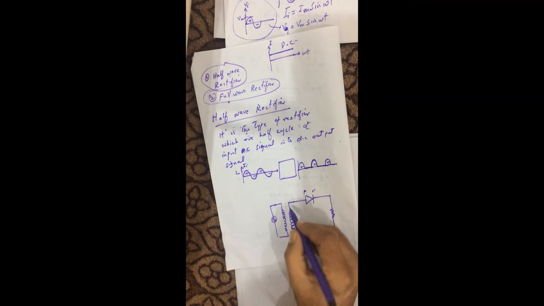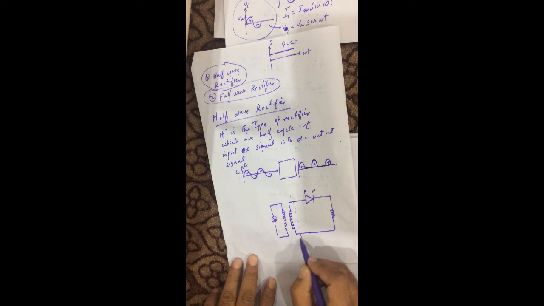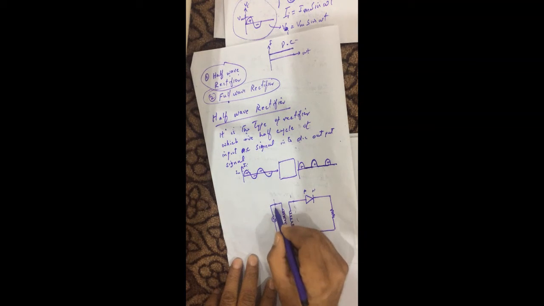Now this is the circuit diagram. Here we are using a diode, a PN junction diode. This is the P region of the diode and this is the N region of the diode. Now here we use a transformer. I differentiate it by drawing a line in a different color.